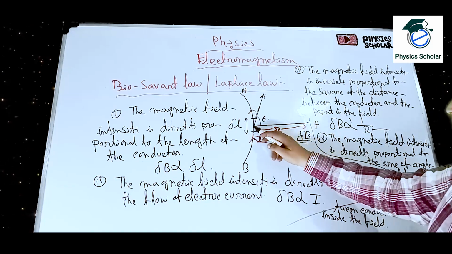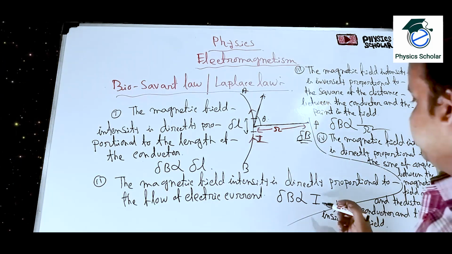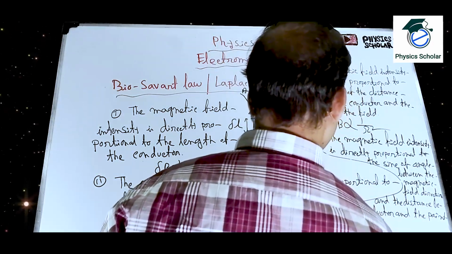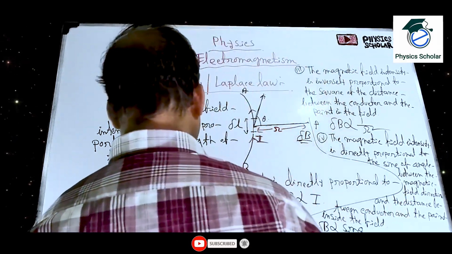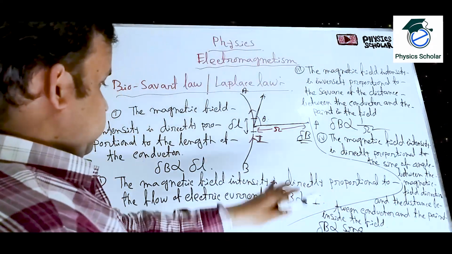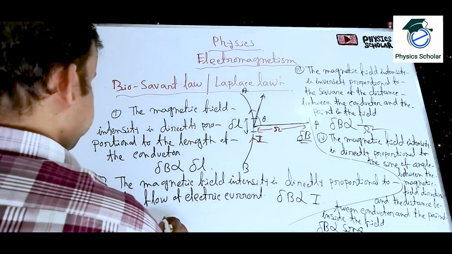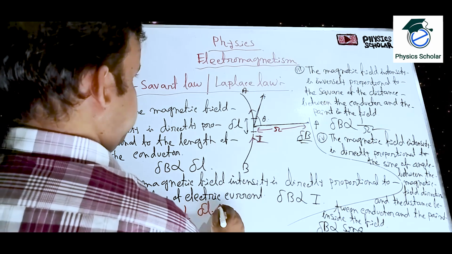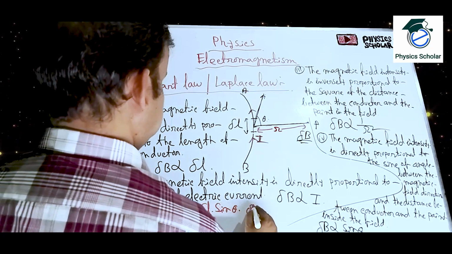So this angle is theta, and it will be directly proportional to the sine of this angle. So delta B is proportional to sine theta. Clear? Now if we combine these 4 laws, then what can we write? Delta B is directly proportional to delta L into sine theta into what?